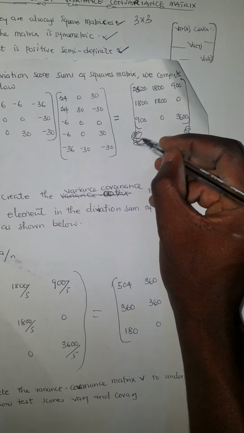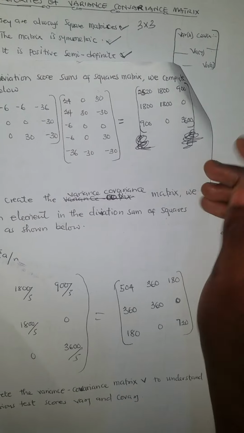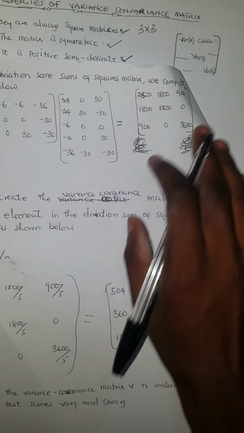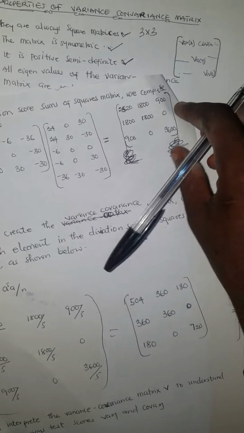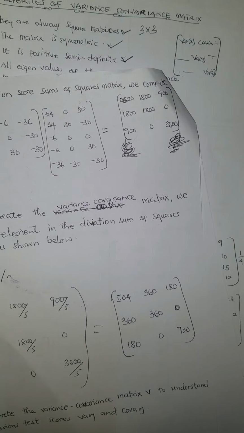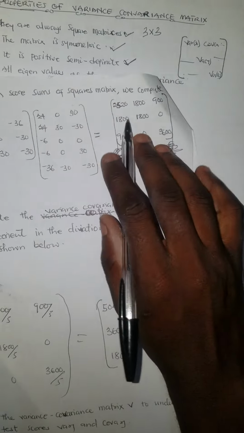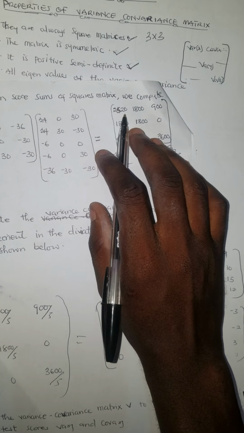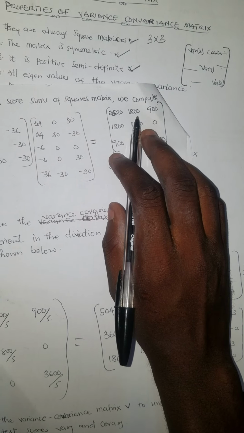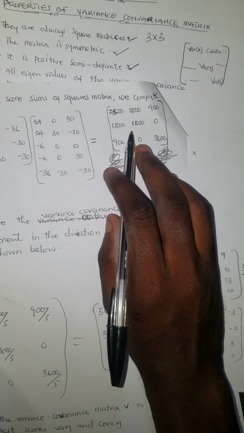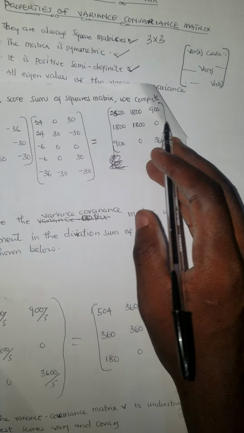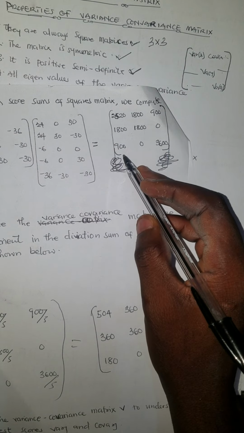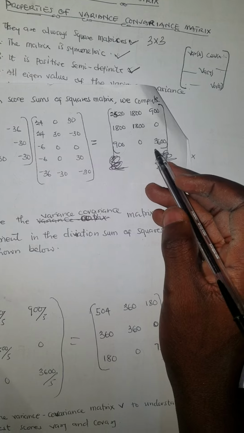I don't need to do matrix multiplication here. If you multiply it by the same matrix, this is the matrix we're going to have: 2,520, 1,800, 900, 1,800, 1,800, 0. This is the 3 by 3 matrix we have.